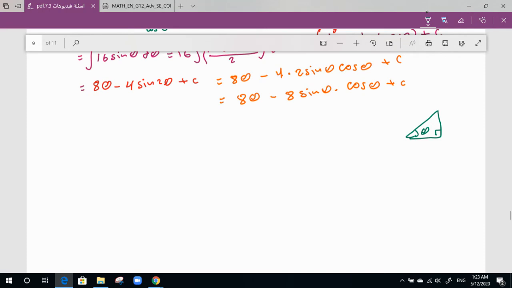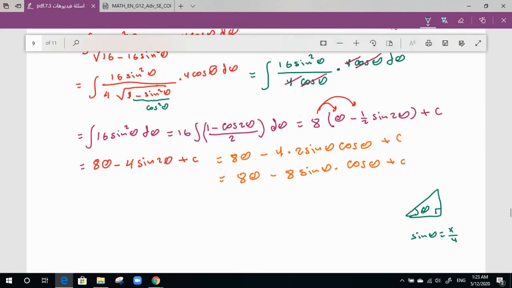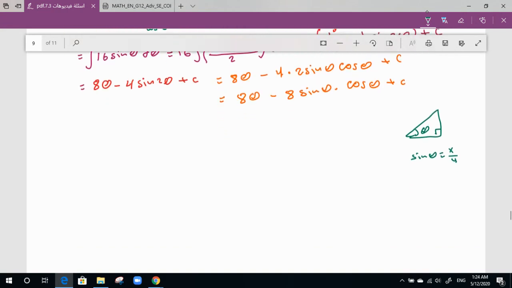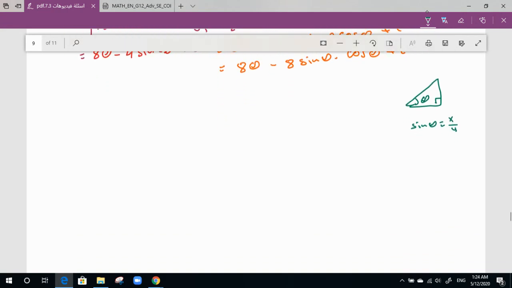As I know before, sine theta equals x over 4, because from the first step, x equals 4 sine theta. So the opposite of theta is x, and the hypotenuse is 4. By the Pythagorean theorem, I can find the missing side: it's radical 16 minus x squared.